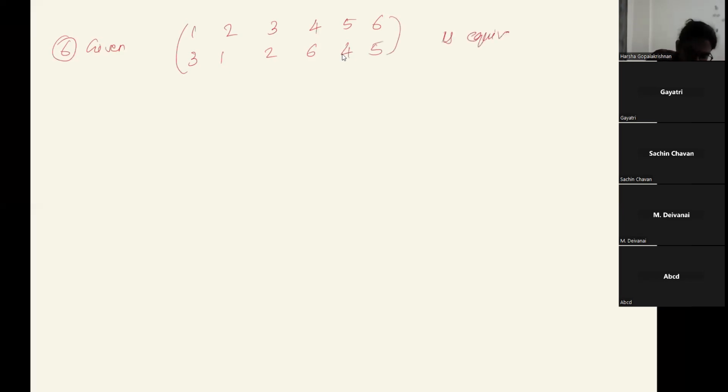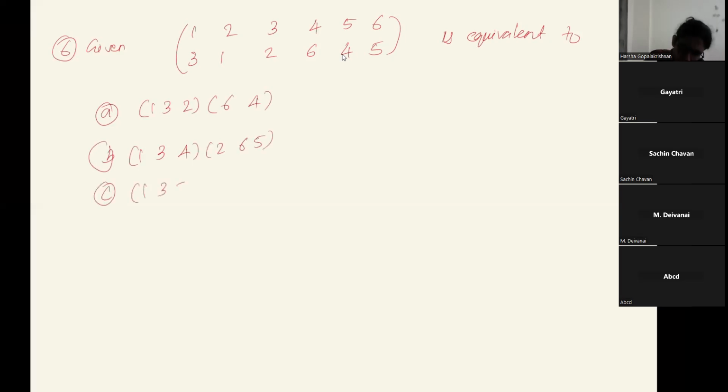I will give you 4 options, such as 1, 3, 2, 6, 4. Here we are representing it as the product of cycles.